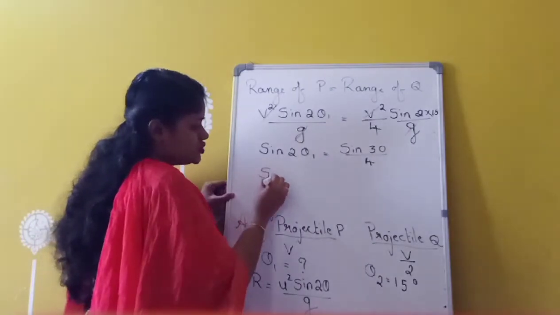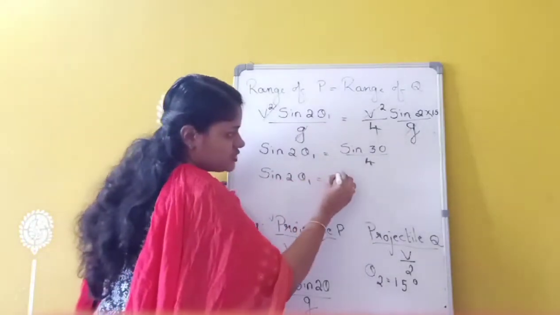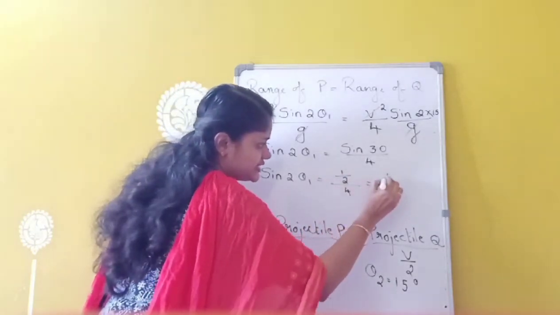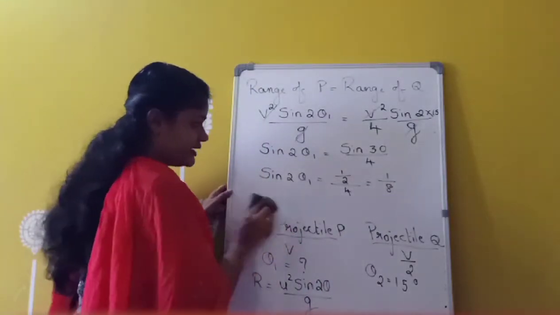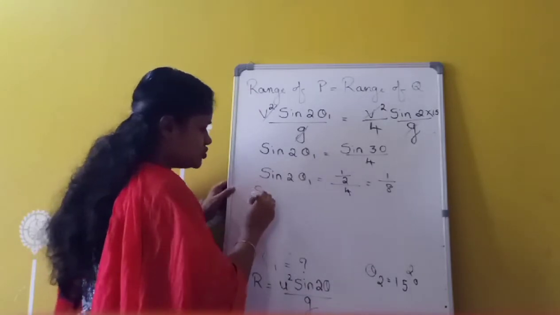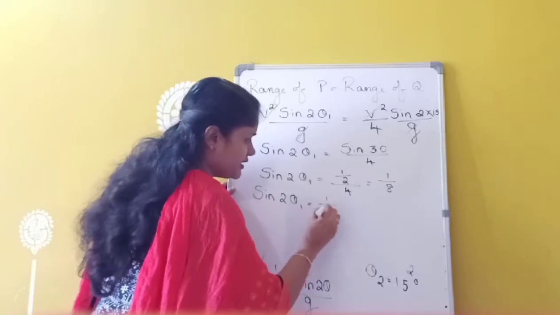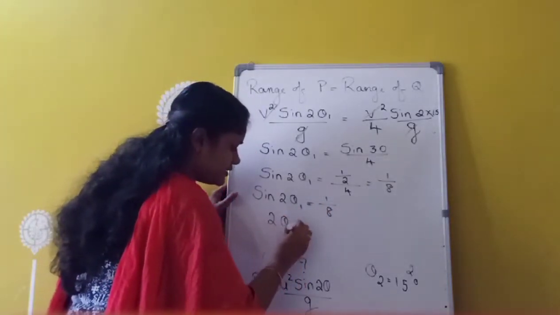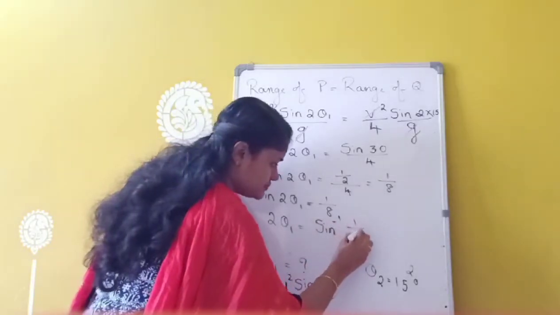Sine 30 value is 1 by 2, so 1 by 2 the whole divided by 4, that means 1 by 8. So we got sine 2 theta 1 equals 1 by 8.